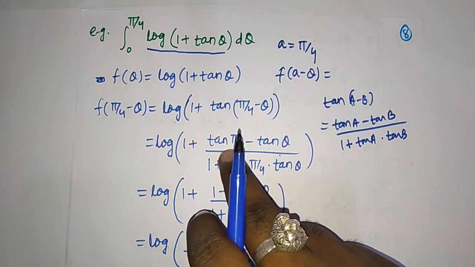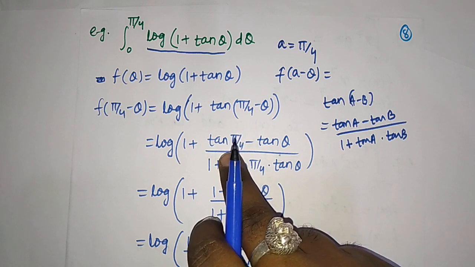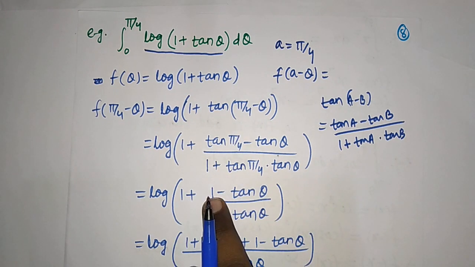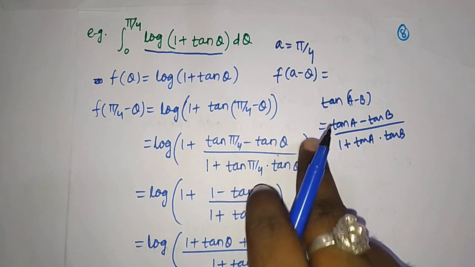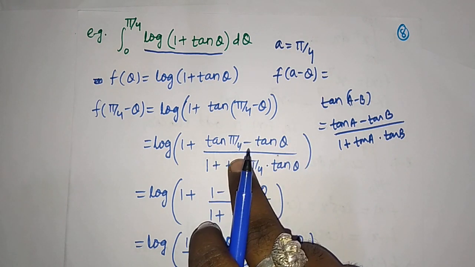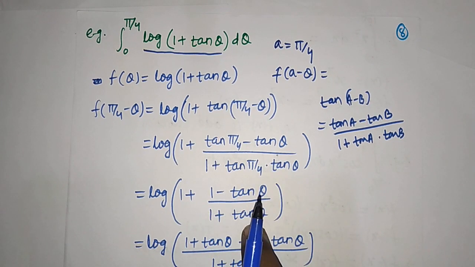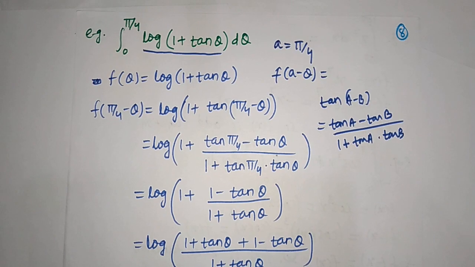Tan pi by 4 means 45 degree, and tan 45 degree is equal to 1, so it will become 1 minus tan theta divided by 1 plus the value of tan pi by 4, which is 1, into tan theta, which is tan theta, so in the denominator you will get 1 plus tan theta.